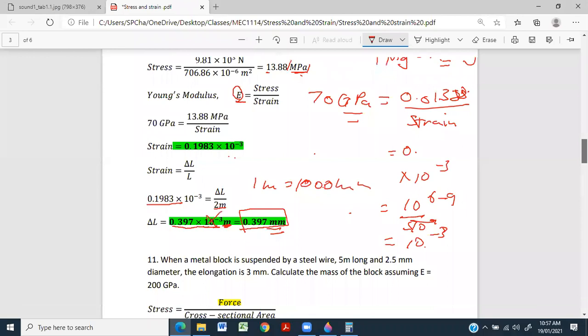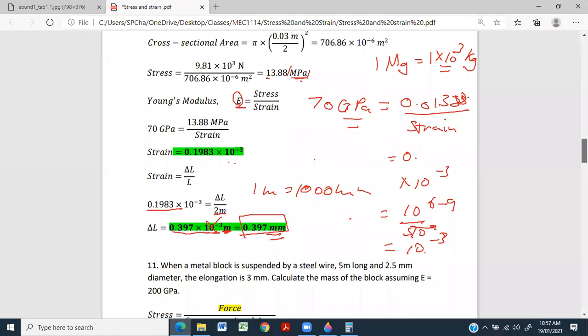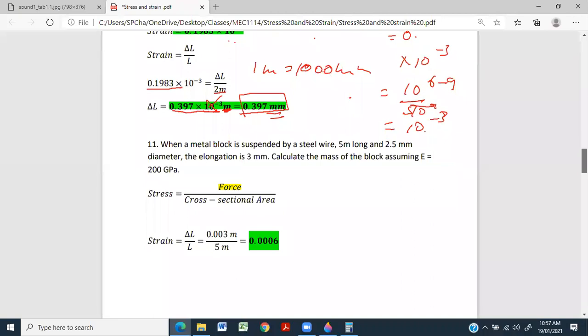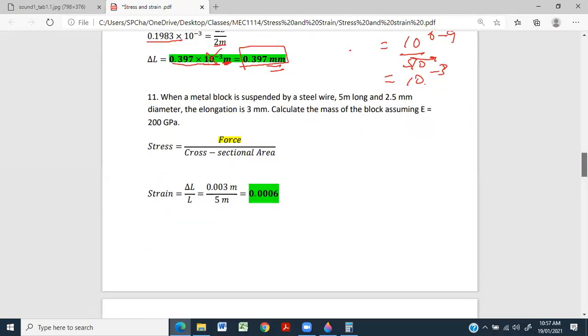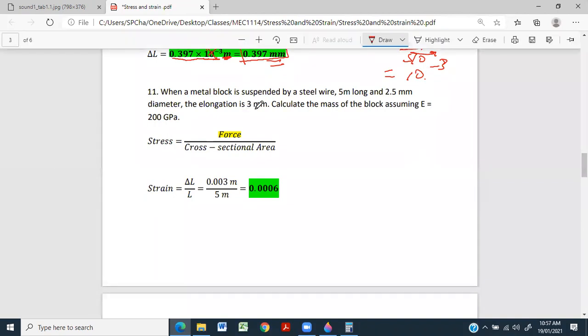Now, any questions again? Well, I want you guys to take a look at question 11, work it out, and tell me if you have any problems, right? So, a metal block is suspended by a steel wire 5 meters long and 2.5 millimeters in diameter, and the elongation is 3 millimeters.